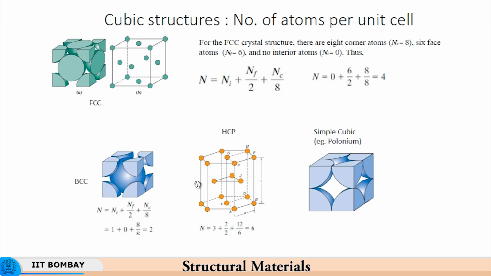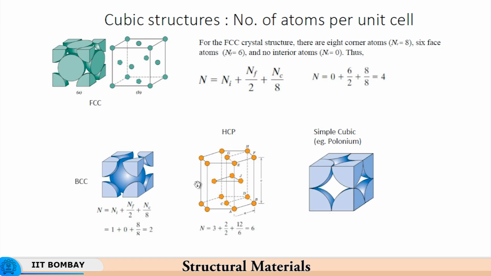So there are 3 types of atoms possible: corner atoms which are shared by 8 cells, atoms at the face which are shared by 2 neighboring cells, and atoms at the center, inside the body, which are shared by nobody. So you have the internal atom, atom at the face, and atom at the corners.